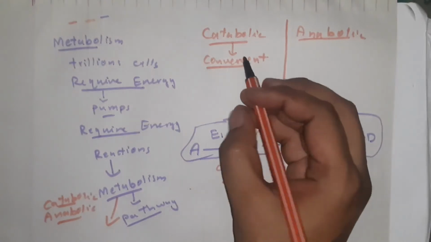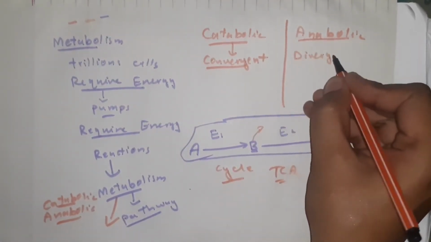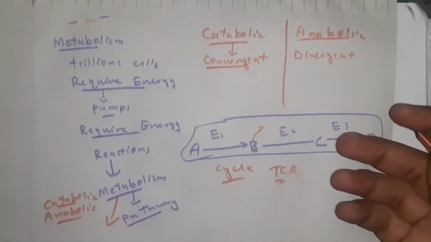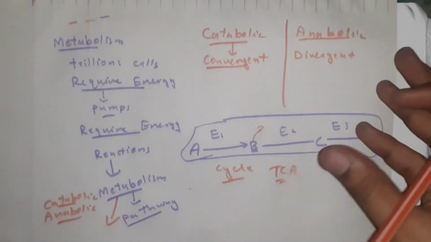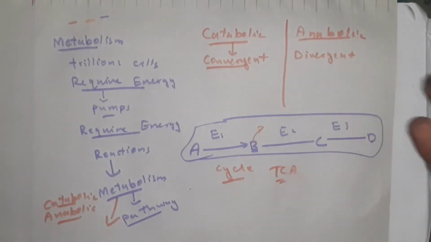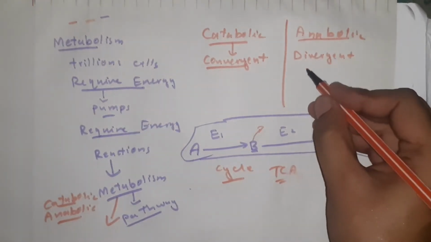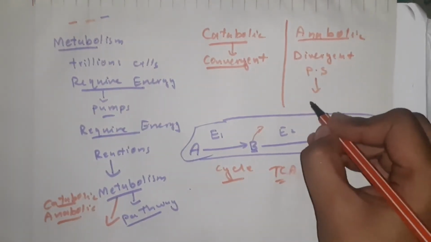So catabolic pathways are convergent while anabolic pathways are divergent, because the same monosaccharide can combine and give rise to a large variety of carbohydrates.